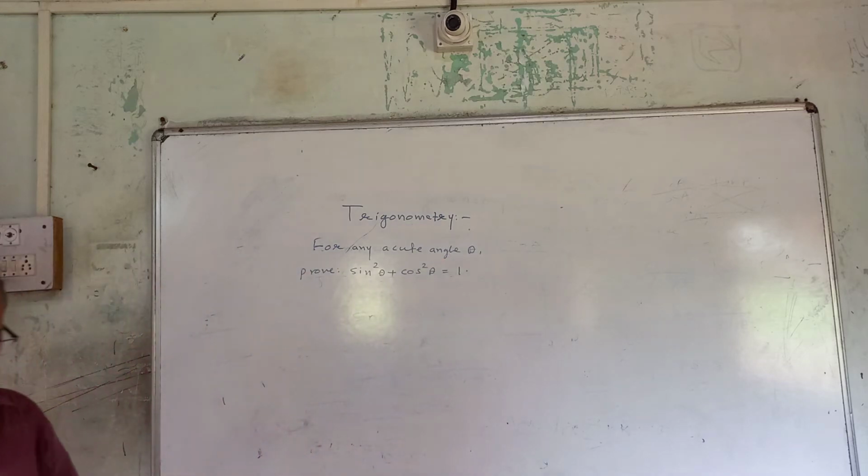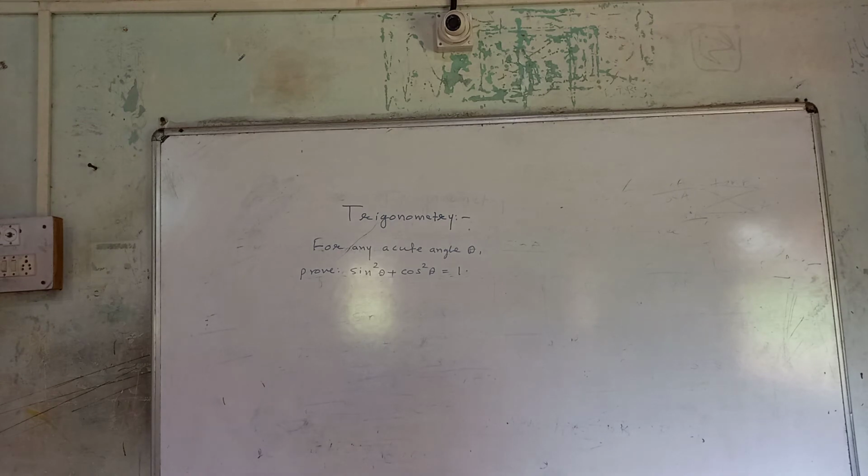This is true for any angle. Sin square ratio of an angle plus cos square ratio of the same angle is always equal to how much? It is always equal to 1. Now we can prove this. Okay. Now how to prove that we are going to study now. Just wait 1 minute.